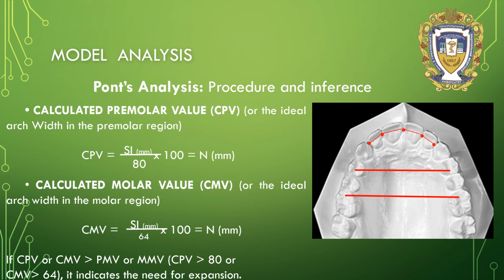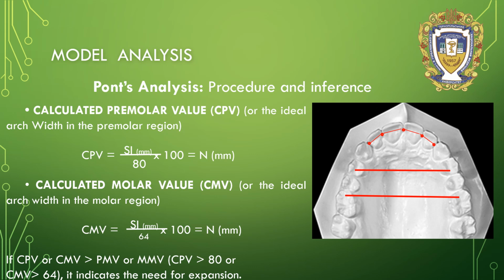Please notice, doctors, the opposite correlation. If our results are more than the normal numbers, it means that the arc is narrower. For example, if the calculated distance between premolars is more than 80, it means that the upper dental arch is narrower in the first premolar area.